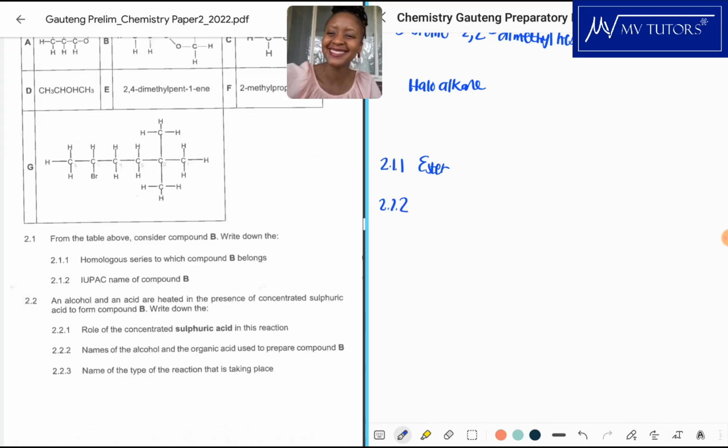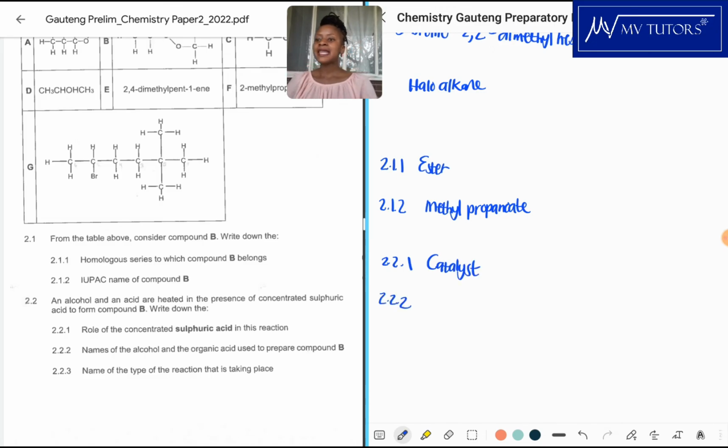2.1.2. That is methyl propanoate. And then 2.2.1, so it says an alcohol and an acid are heated in the presence of concentrated sulfuric acid to form compound B. The role of the concentrated sulfuric acid in this reaction, well, it speeds up the reaction, therefore it is a catalyst.